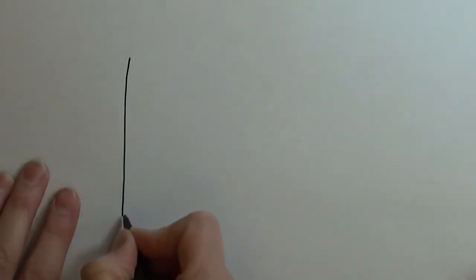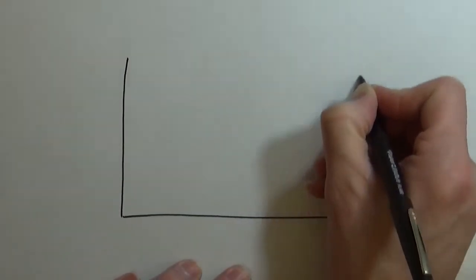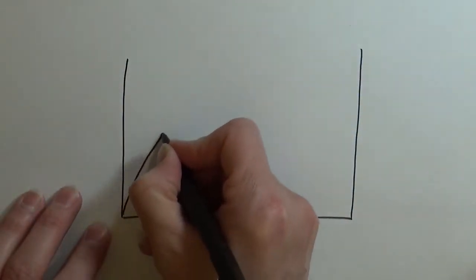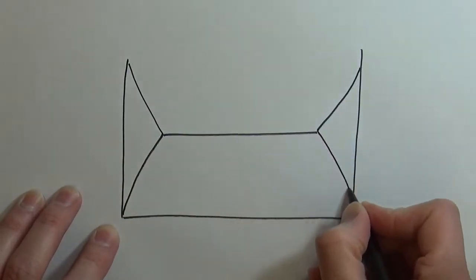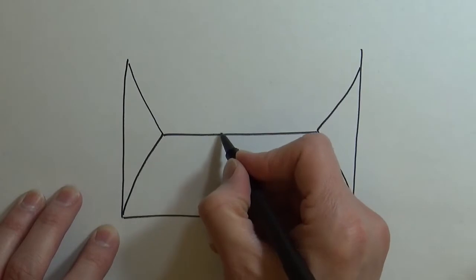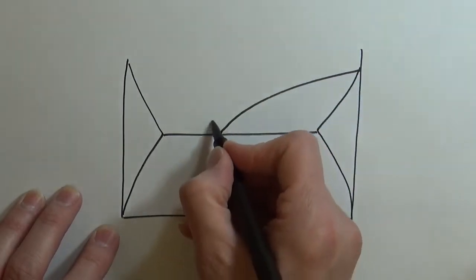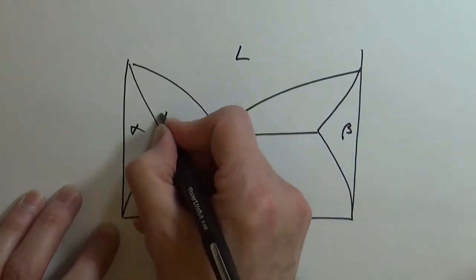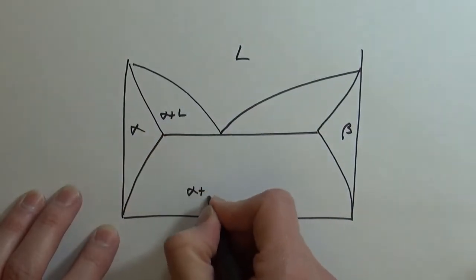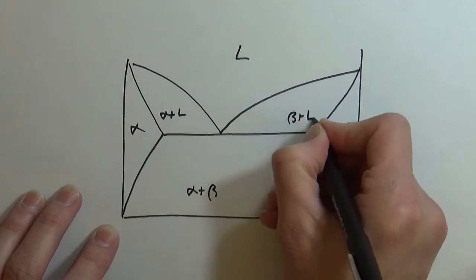And let's look at one final possibility for what can happen in a binary eutectic system. Liquid, alpha, beta, alpha plus liquid, alpha plus beta, beta plus liquid.